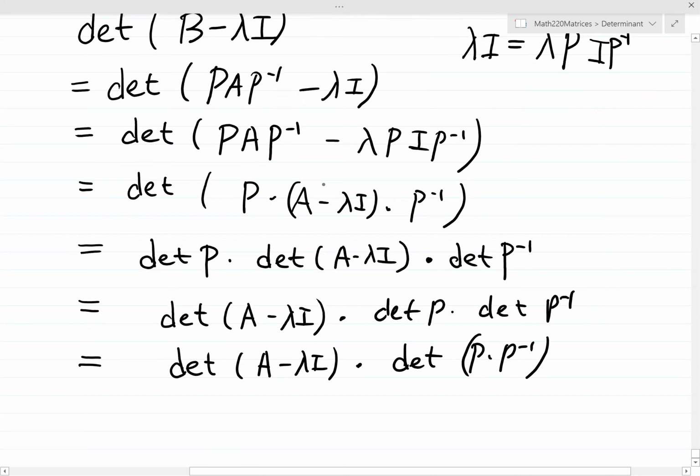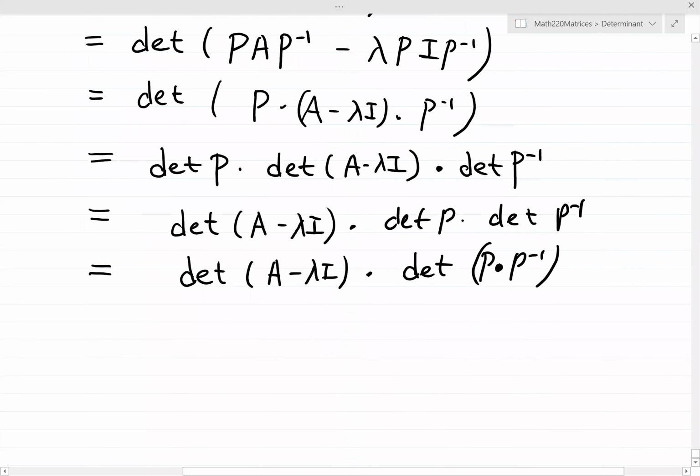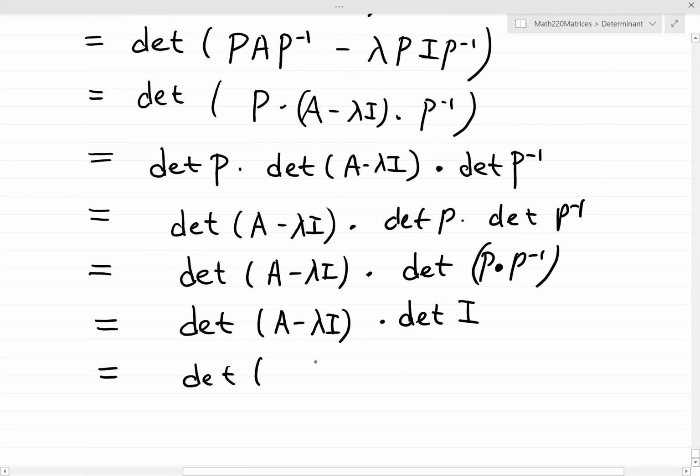The determinant of P times P inverse is the determinant of I, and the determinant of I is 1. So this is the determinant of A minus lambda I times 1, which is just itself.